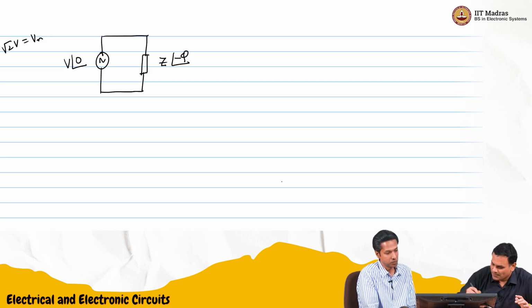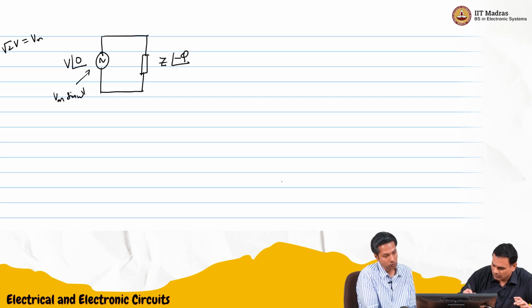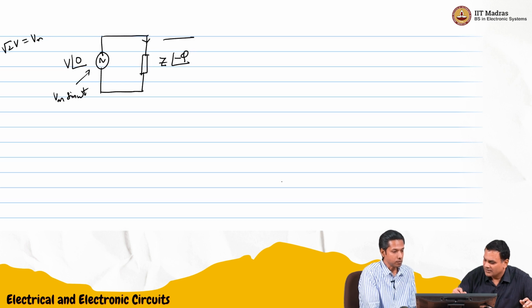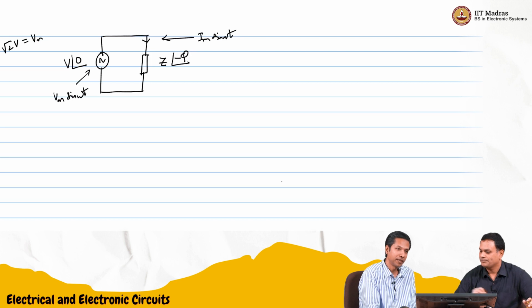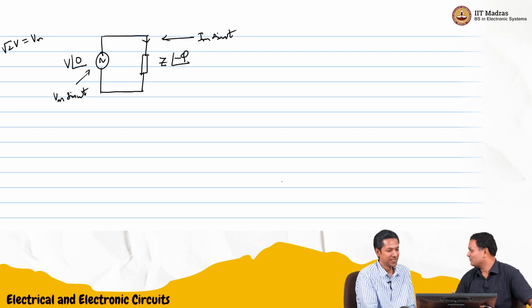So this is basically Vm sin omega t, and now the current is basically Im sin omega t, but now there's an angle. So let's do the phasor form first because it's easy.